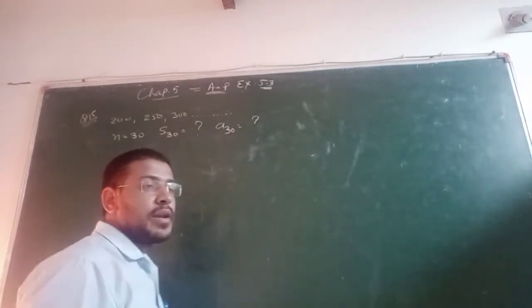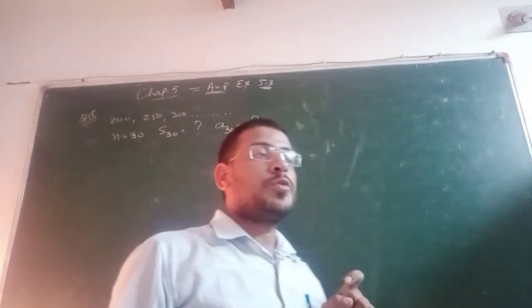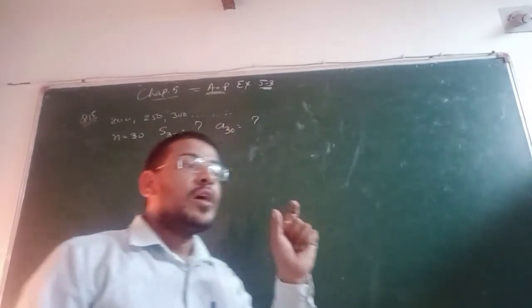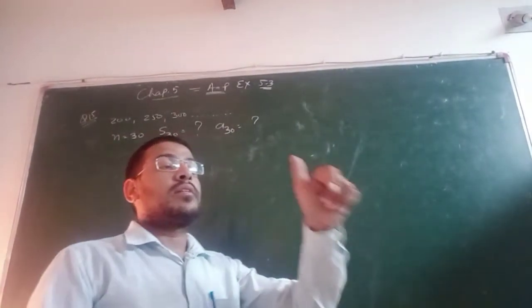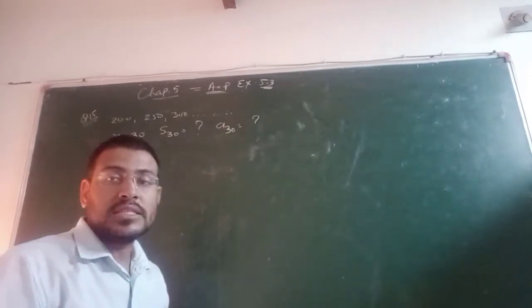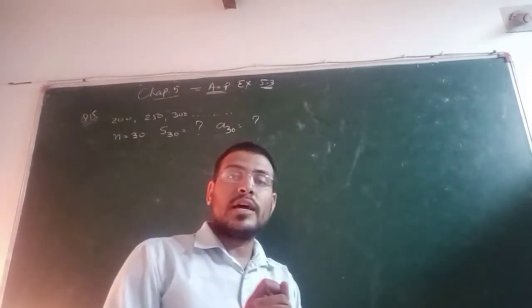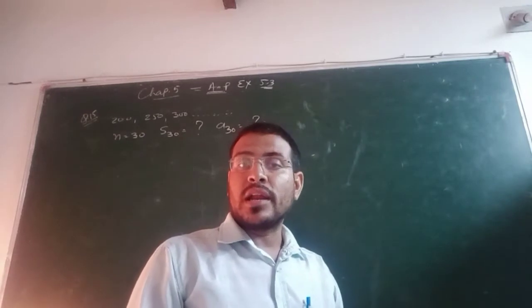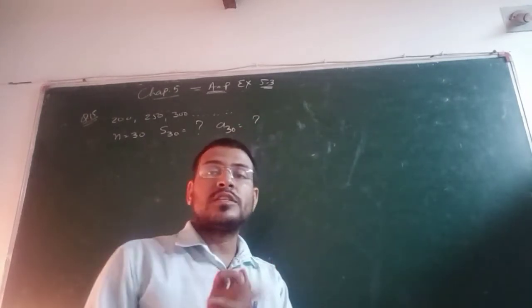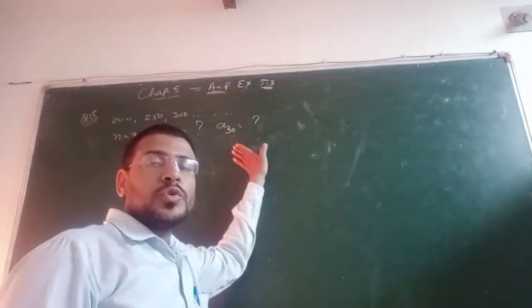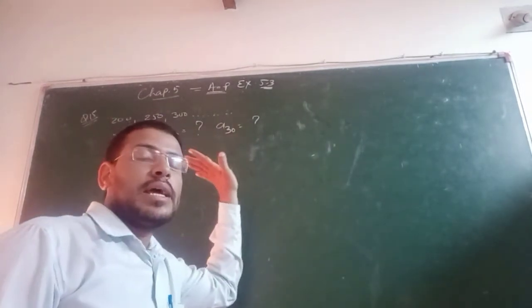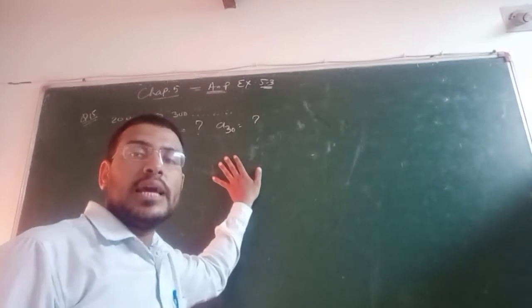But what is demanded is how much amount is to be paid by the contractor if he completes his work up to 30 days, that is, the total amount, meaning the sum is demanded. So as 30 is demanded, we will calculate a30 also, but the question is demanding only S30.